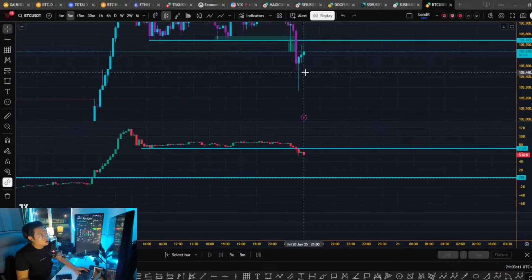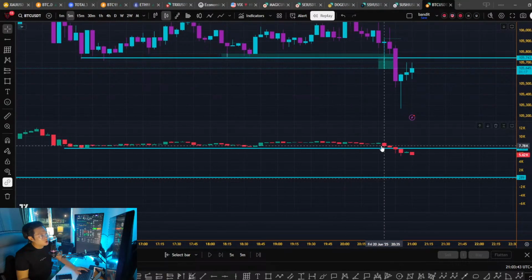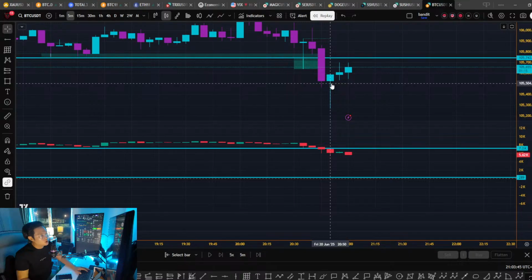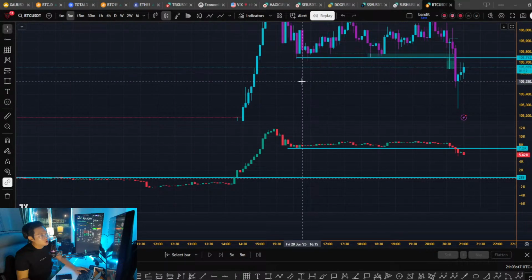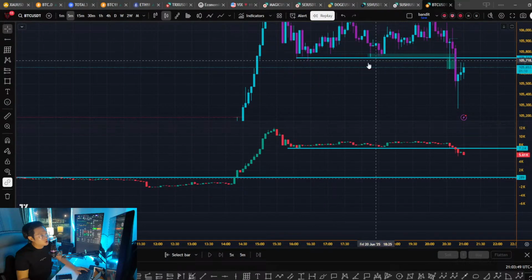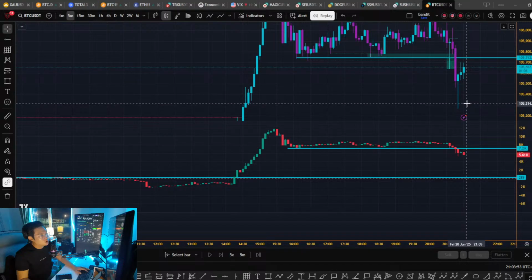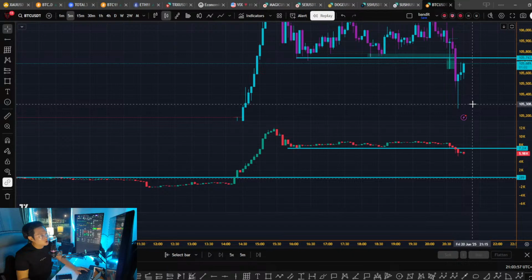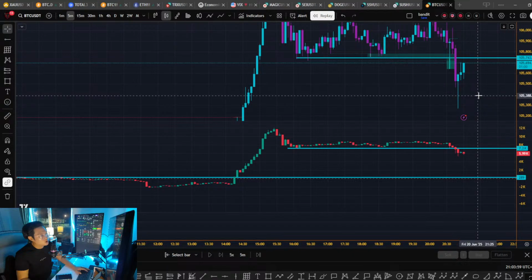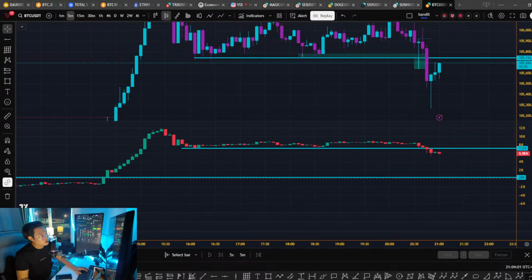This one is not divergence. This is just a red volume with a green candle. That means the volume is not too big. It's either a fake up or a trap. That's why, guys, this is either a trap or a fake out.